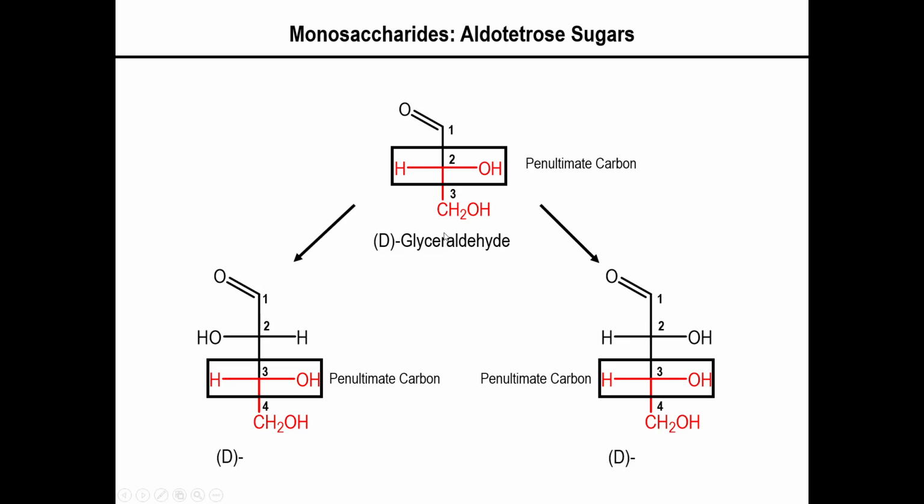And they are deriving from D-glyceraldehyde. All right, now the one that has the second hydroxyl to the left is known as threose. And the one that has the hydroxyl pointing to the right is known as erythrose.